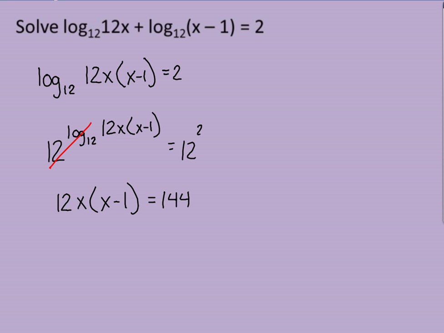Now if we distribute, 12x times x is 12x squared. 12 times 1 gives us a negative 12. If I add, that's negative 12x because we're distributing 12x. Since I have an x squared and an x, we're going to take everything to one side.